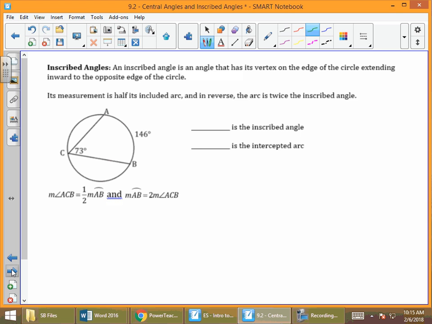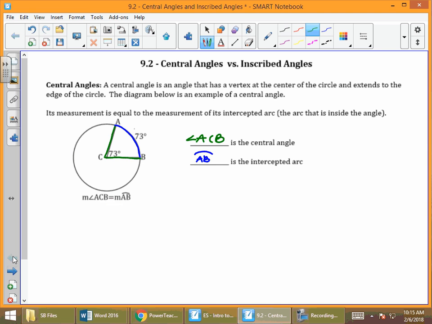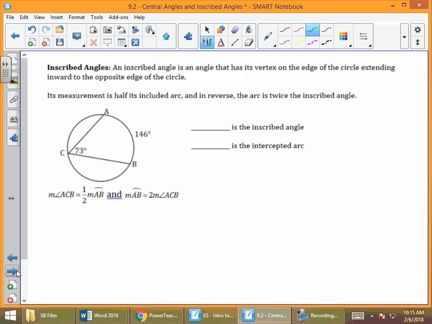Okay? Go back. Central angles are the same as their arc. Inscribed angles are half. We sometimes get those two mixed up, so it's important to know. So here our inscribed angle is angle ACB because its vertex is on the edge of the circle.